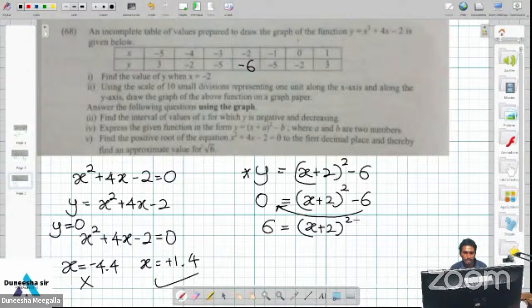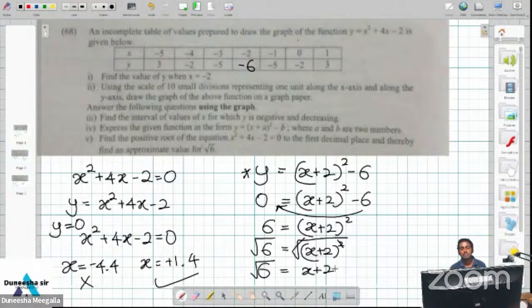ඔව් සර්. හරි. දැන් බලන්න දෙපැත්තෙම square root එක ගන්න. In both sides we can take the square root. What is? We can square and square root remove. What is? Root 6 equal to x plus 2.